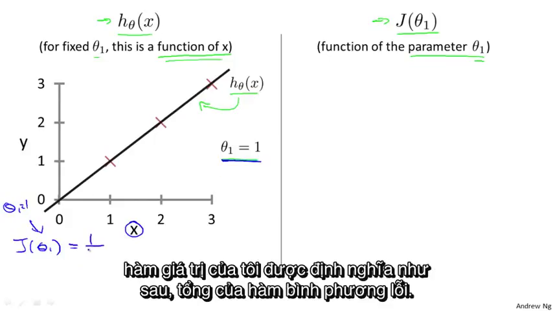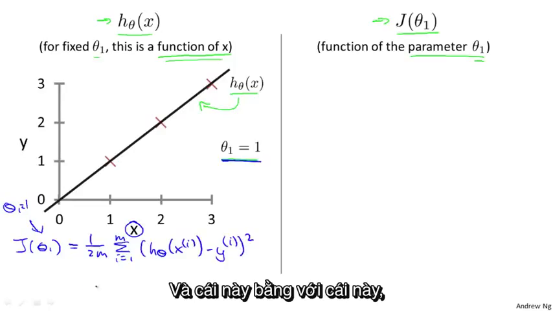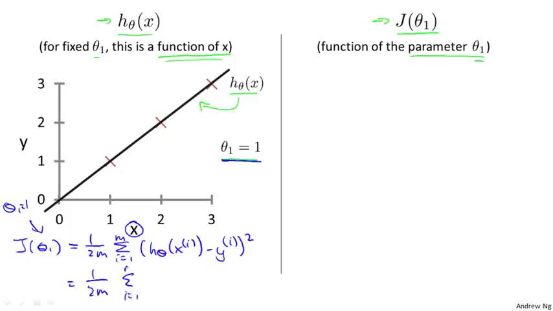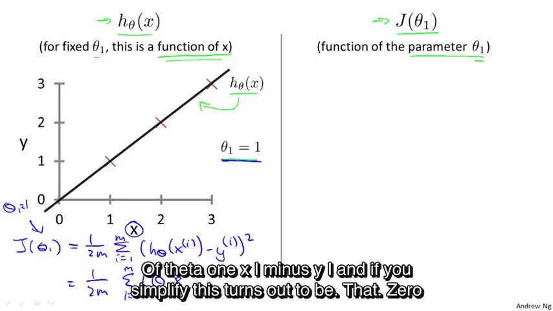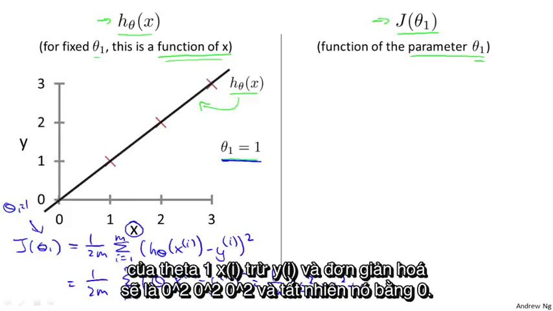Well, as usual, my cost function is defined as follows: sum over my training set of this usual squared error term, theta 1 times x i minus y i. And if you simplify, this turns out to be 0 squared plus 0 squared plus 0 squared, which is, of course, just equal to 0.